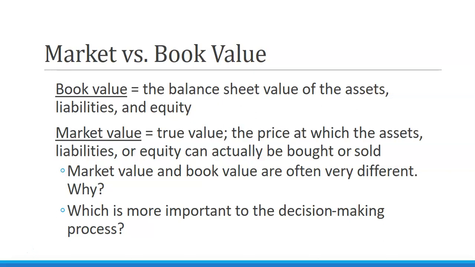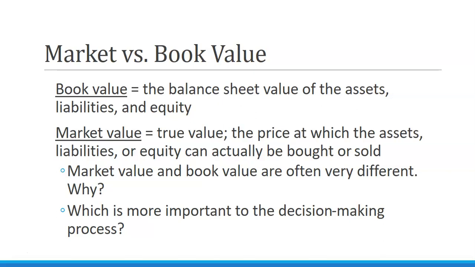Why are they so different? Well, corporations that have existed for very long times might have purchased some of their assets, such as property, a very, very long time ago. For example, it could have been 50 to 100 years when they purchased some of their property.